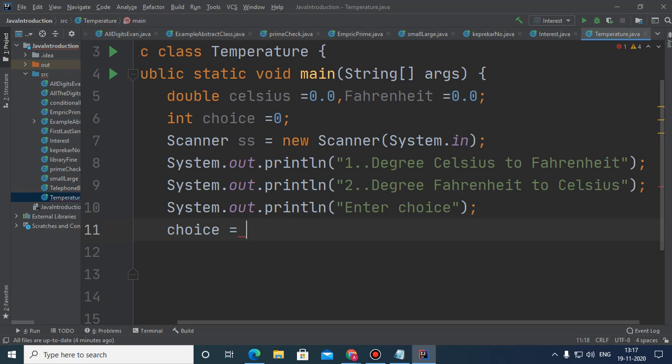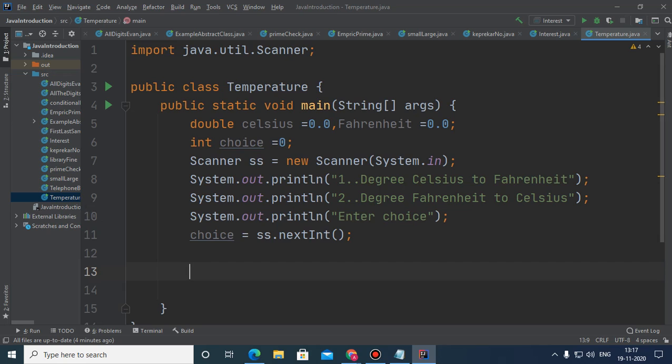So choice is ss.nextInt. So children, this is the very first choice.